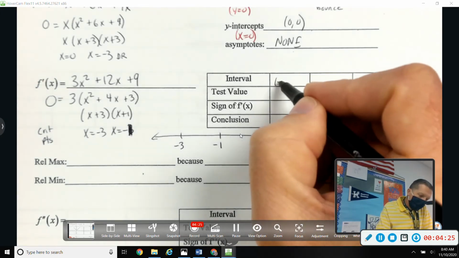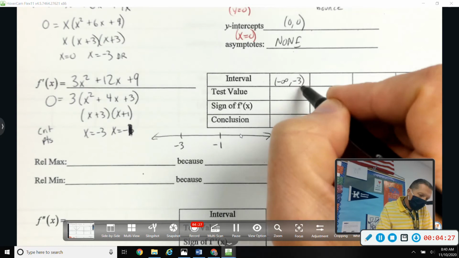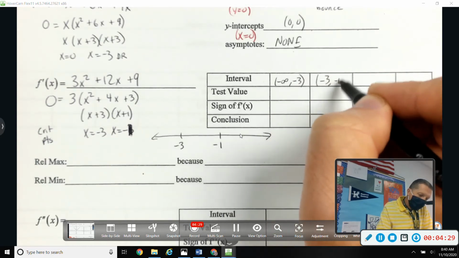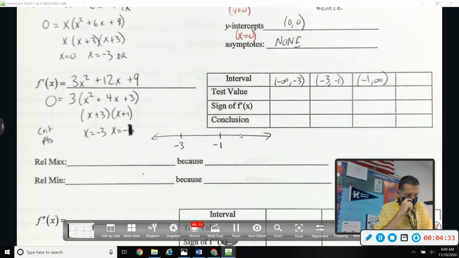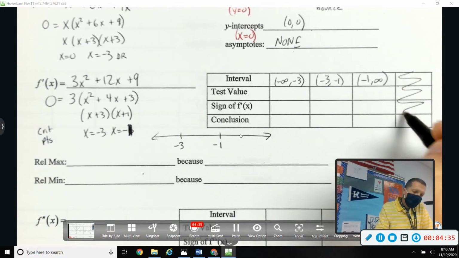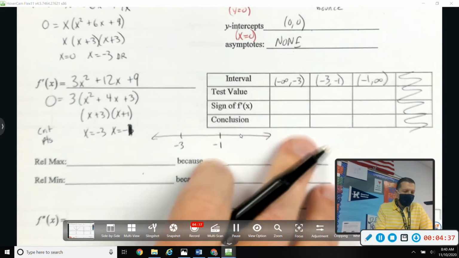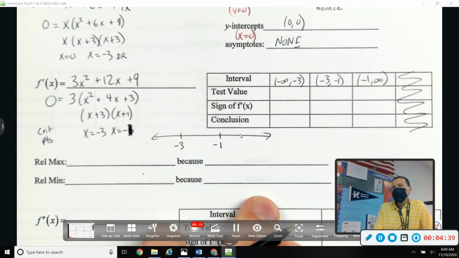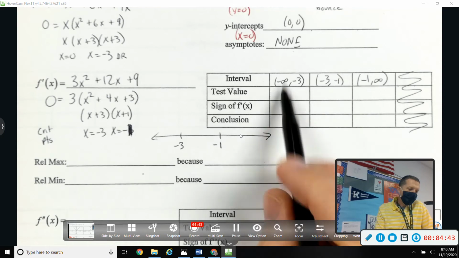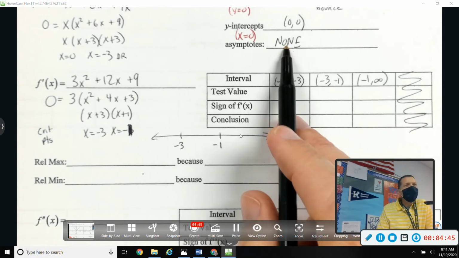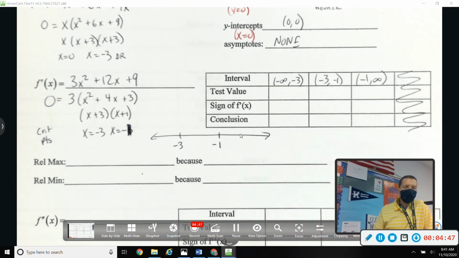But there's an interval from -∞ to -3, -3 to -1, -1 to infinity. This is a generic worksheet that we'll use several times to plot stuff on. So sometimes there's extra blanks. There's usually some stuff that has none on it because this is just a template that we use to fill out as we go. It's not specific to this problem.